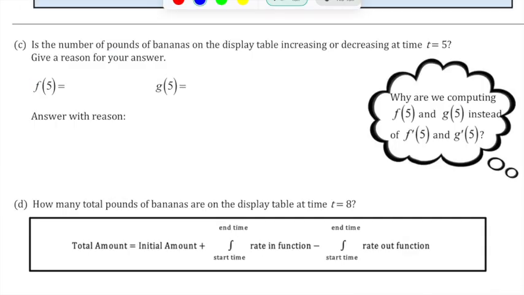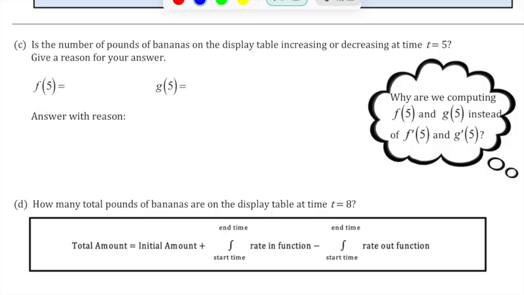So part C, is the number of pounds of bananas in the display increasing or decreasing at time equals 5? Give a reason for your answer. We want to know if the bananas are filling up faster or if the bananas are leaving faster. So we're going to find the rate at 5.